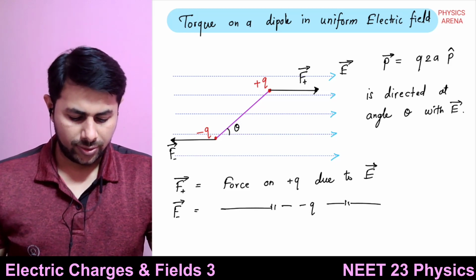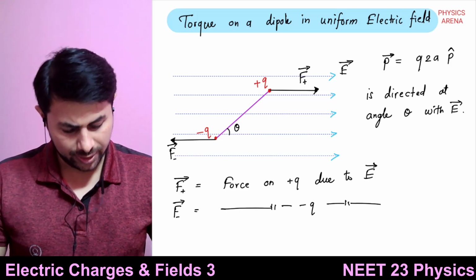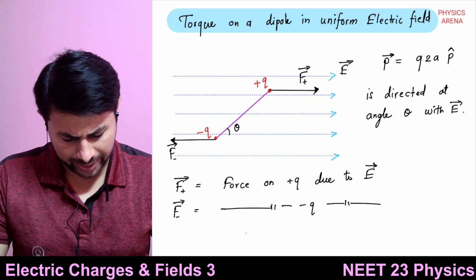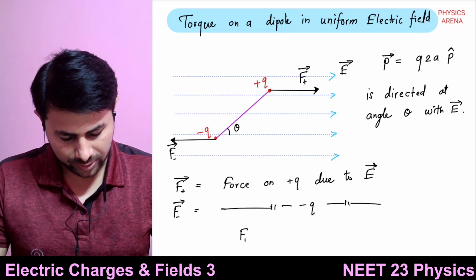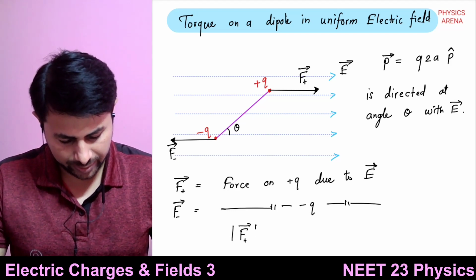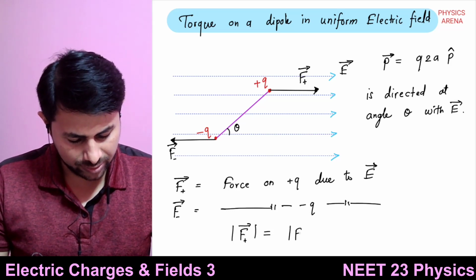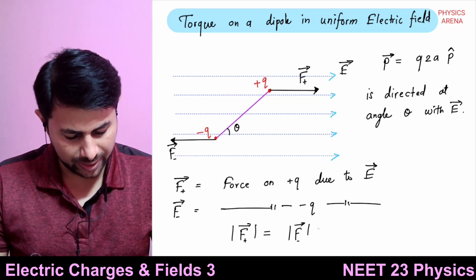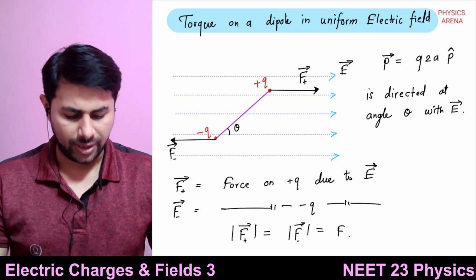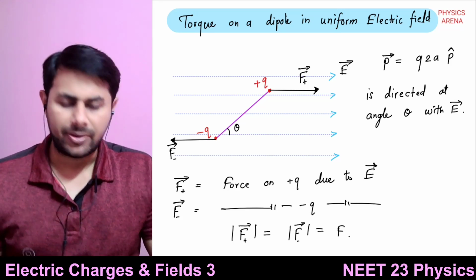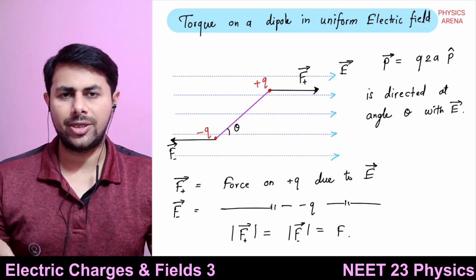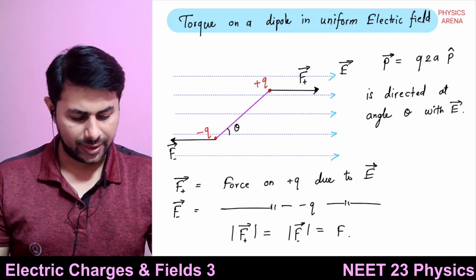So the forces are equal and opposite. The magnitude of F plus bar is equal to the magnitude of F minus bar, and suppose it is equal to F. So what is this F? F is equal to charge multiplied by electric field, right?